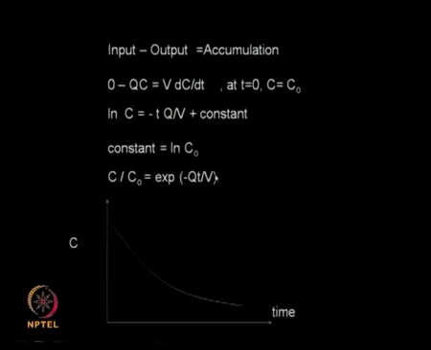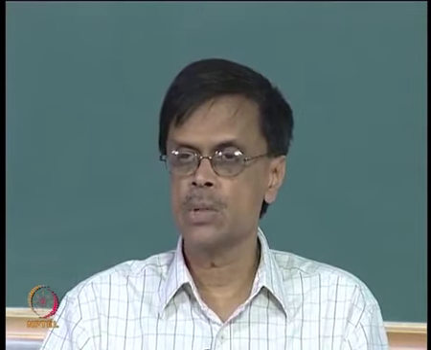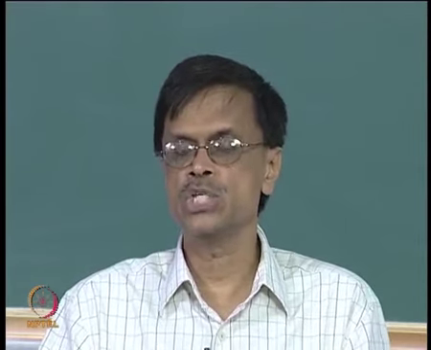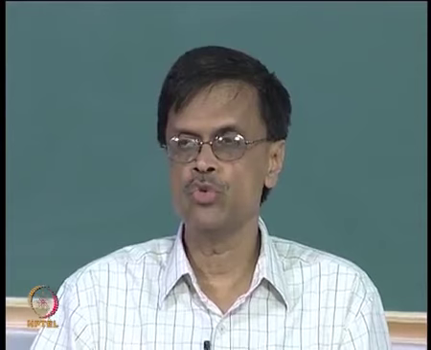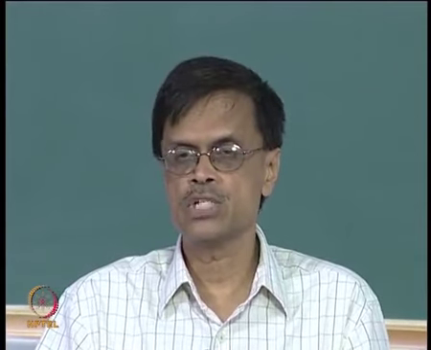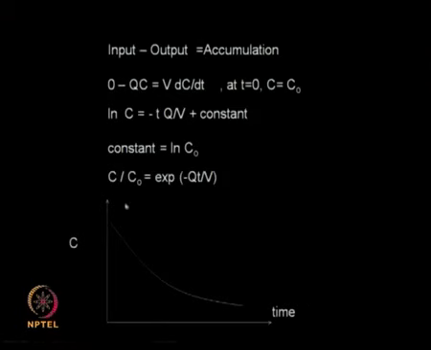So we had this particular problem where we have two tanks. In tank 1 there is solvent flowing in all the time, solvent is coming out, and at time equal to 0 you are injecting a solute of concentration C0. If you neglect the mass transfer between tank 1 and tank 2, that means you assume the mass transfer coefficient to be 0, we are asked to derive a relationship for the concentration of the solute leaving tank 1 as a function of time, and this is the particular relationship.